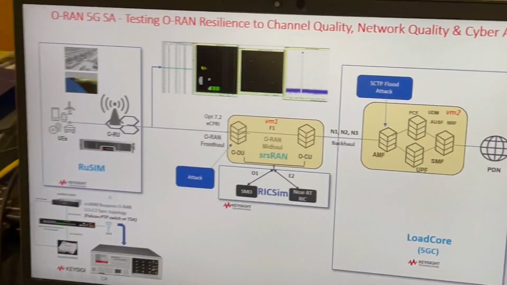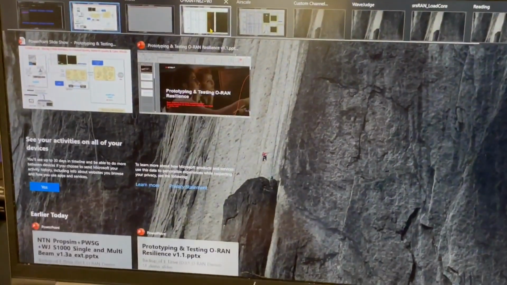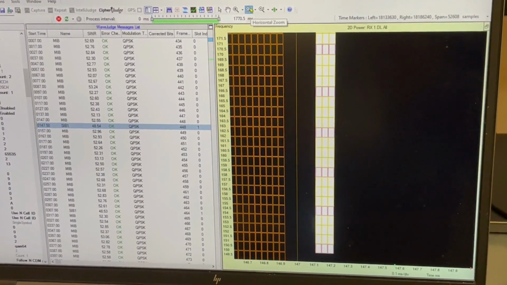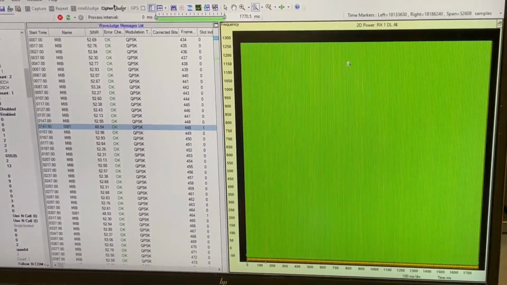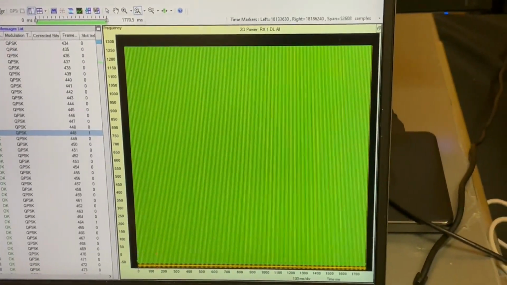You can see there's a little SSB block, but I'll show you in the real trace here. When the radio is saying it's synced, that's because we're actually seeing the MIB here.